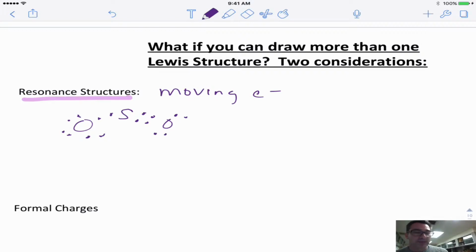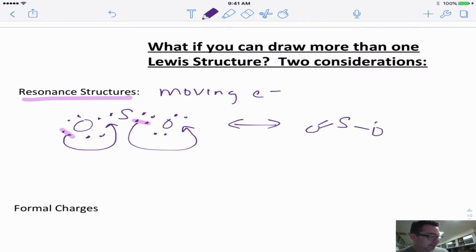But what's to stop the oxygen on the left from having a double bond? The answer is nothing. In fact, these electrons right here can move out. A pair of electrons from here, any of these pairs, I'll pick this one, can move into a bond like this, and we'll get a resonance structure where we have a double bond and a single bond.